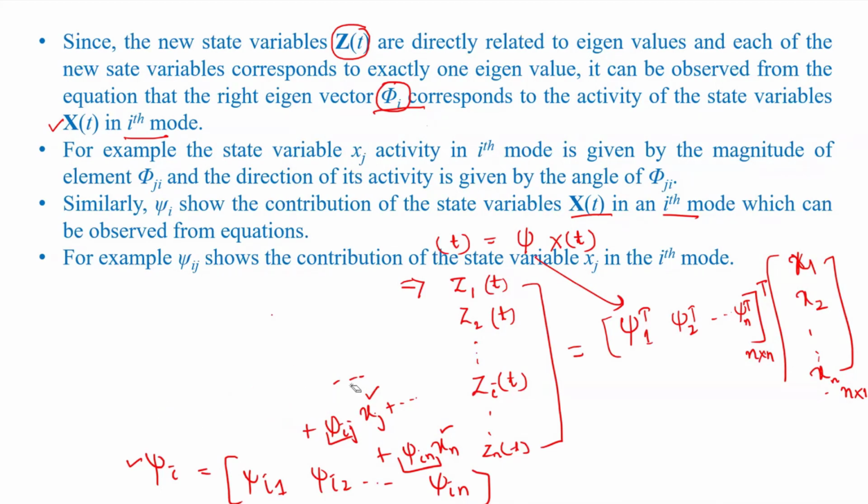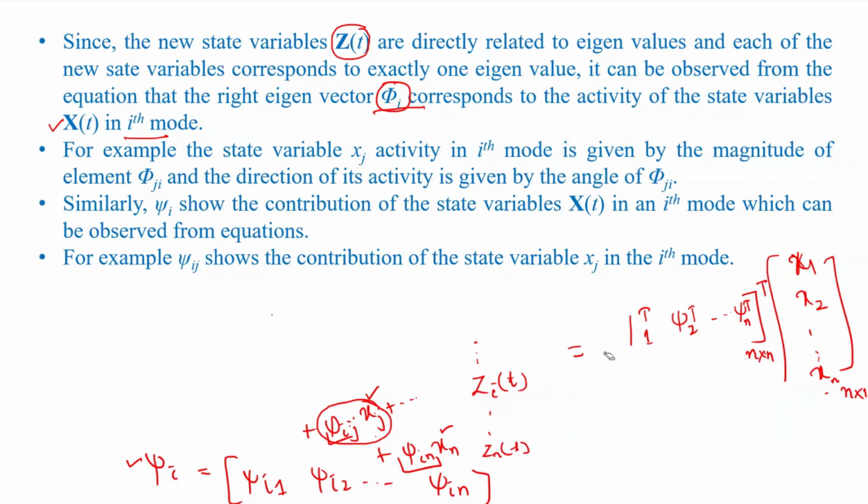So this is the difference between the right eigenvector and the left eigenvector. For example, psi ij shows the contribution of the state variable xj in the ith mode, right? Already I have shown this. Psi ij indicates this, right?